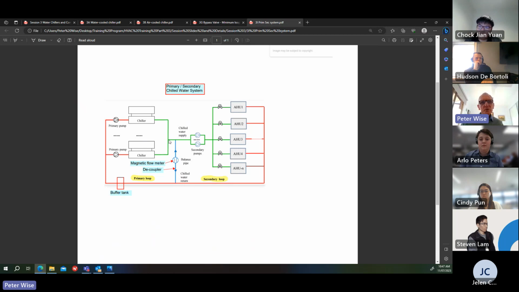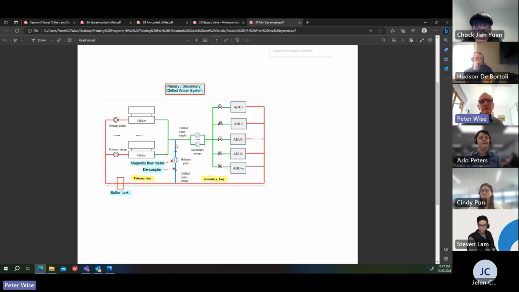If all the water from the chillers is going out to the secondary circuit, then the system is completely balanced. It means the load in the field exactly matches what the chiller is producing, but that's not happening all the time. It's kind of rare. So this is why you have variable speed secondary pumps.